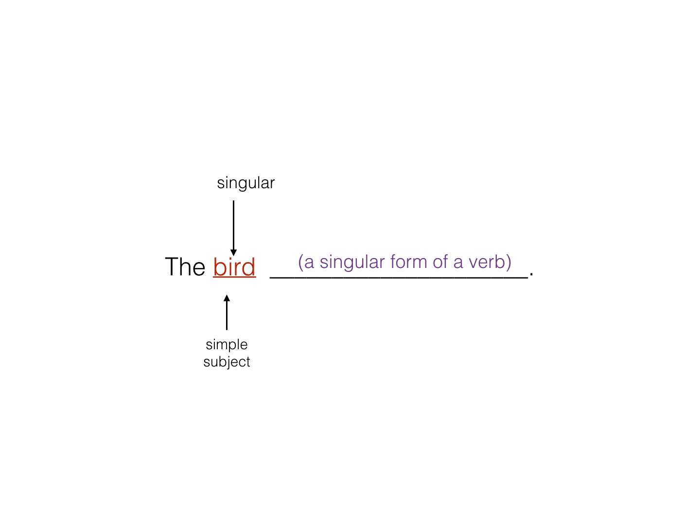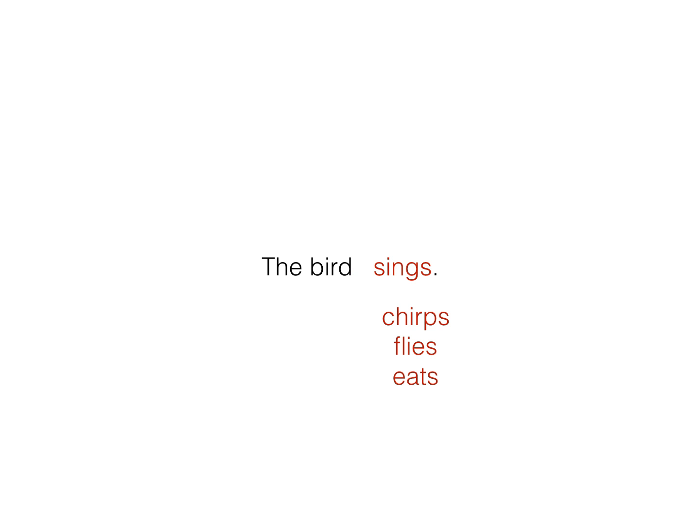And of course, we need a singular form of a verb. Now, maybe you want to add the word sings. So we have the sentence, the bird sings. Or maybe the bird chirps, or the bird flies. Again, we have the word eats, so you can probably say the bird eats.